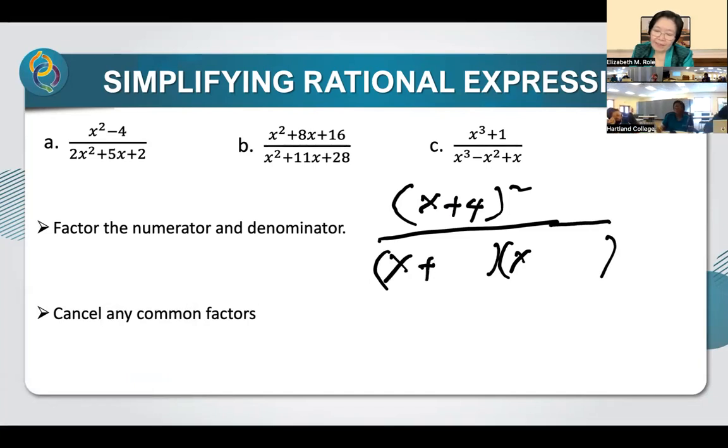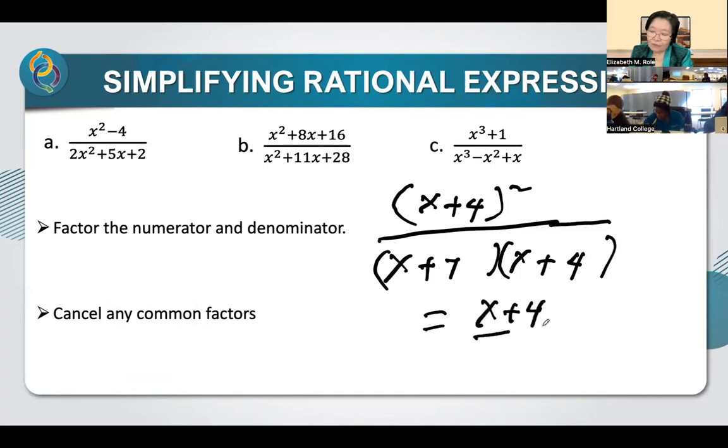You know that 7 and 4 are the factors of 28, and 7 plus 4 is 11. Easy. So one of the x plus 4 will cancel, and therefore you'll now have x plus 4 over x plus 7.